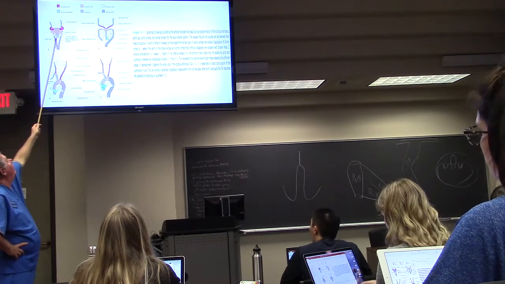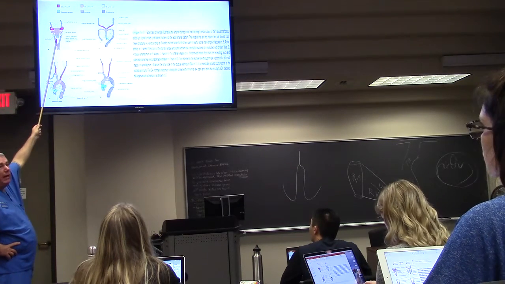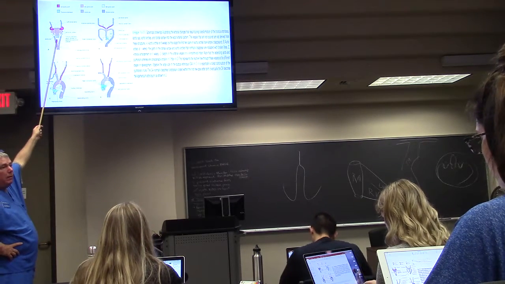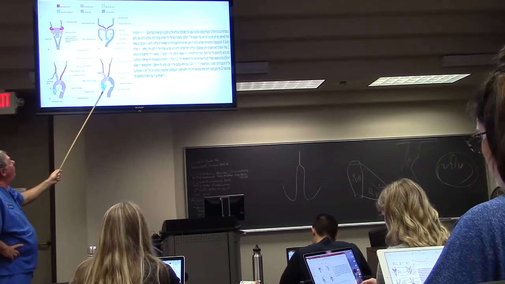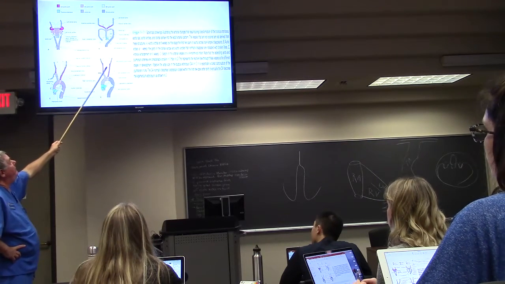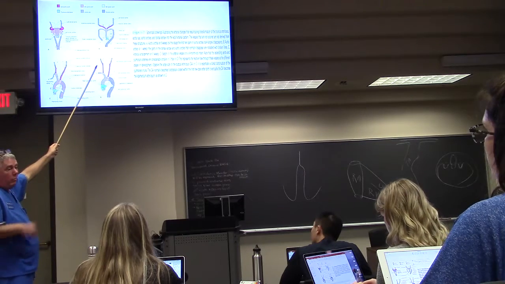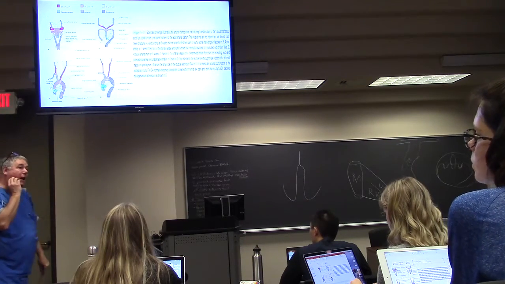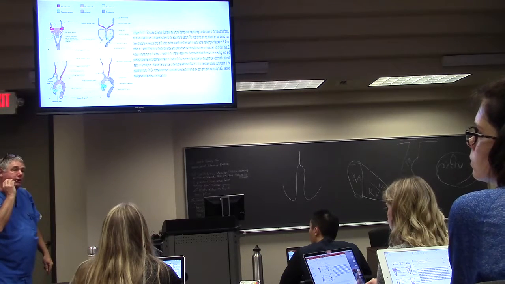There's the outflow from the truncus arteriosus right there. It's one outflow because you don't have an aorta yet. It's not until later on that you get an aorta, and these are going to be feeding the definitive structures from the arches.